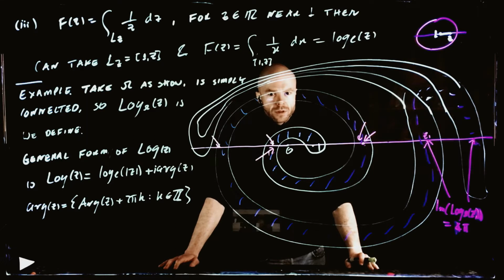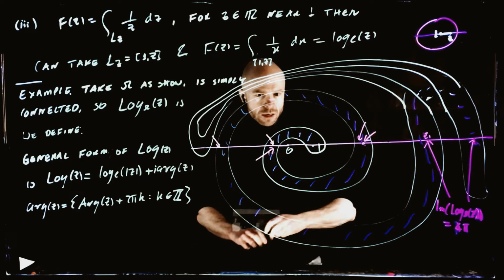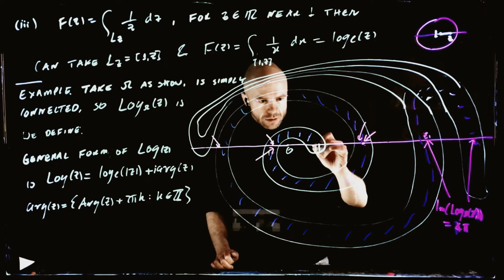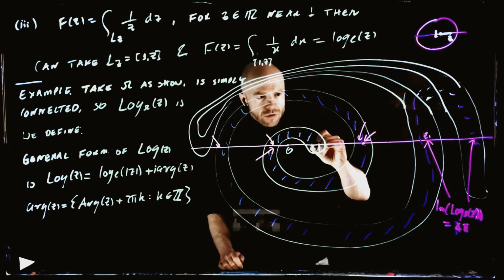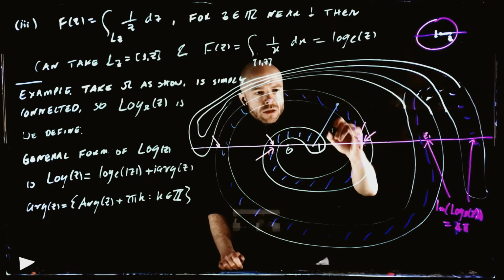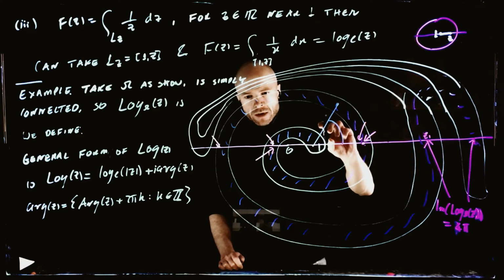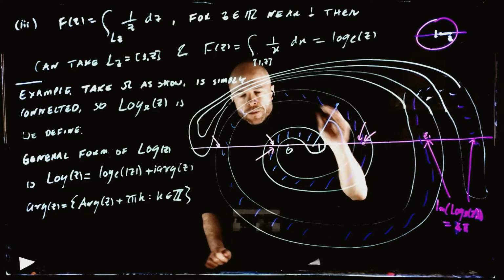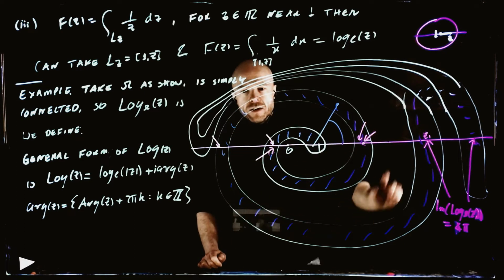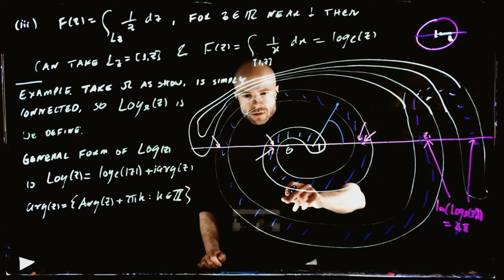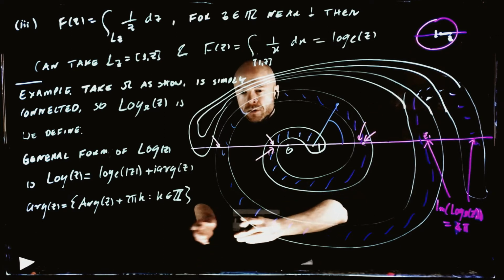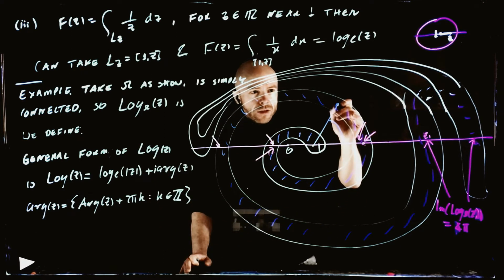Just think of this as: for any z inside here, you have to continuously define this angle. But you have the right to take it over the entire real numbers. You're no longer restricted to minus pi to pi or anything. You can go anywhere you want.